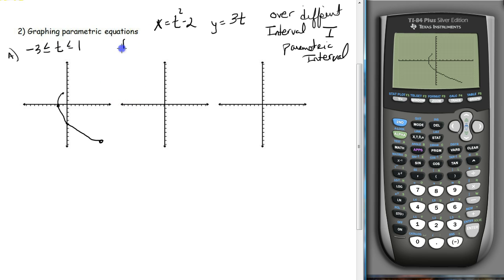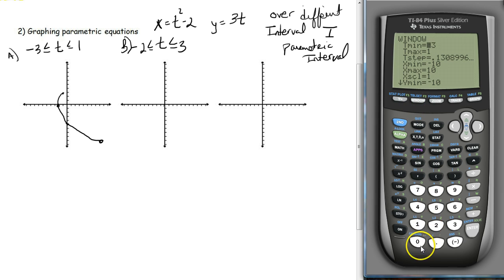Let's try it again. Change the interval. -2 to +3. All right, so that's my new parametric interval, I. So I press window. So we change it -2 to 3. All right, now that gave me a different part of this graph. So the way we calculated it just gives you a different part.